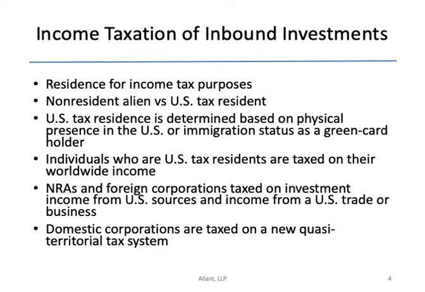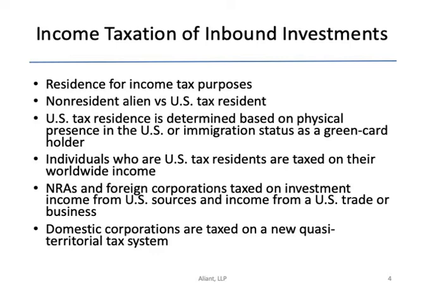And we weigh those days and add them up. And the formula is in your outline materials if you're interested. And once we exceed the 183-day threshold, we have now somebody who is deemed to be a U.S. tax resident.